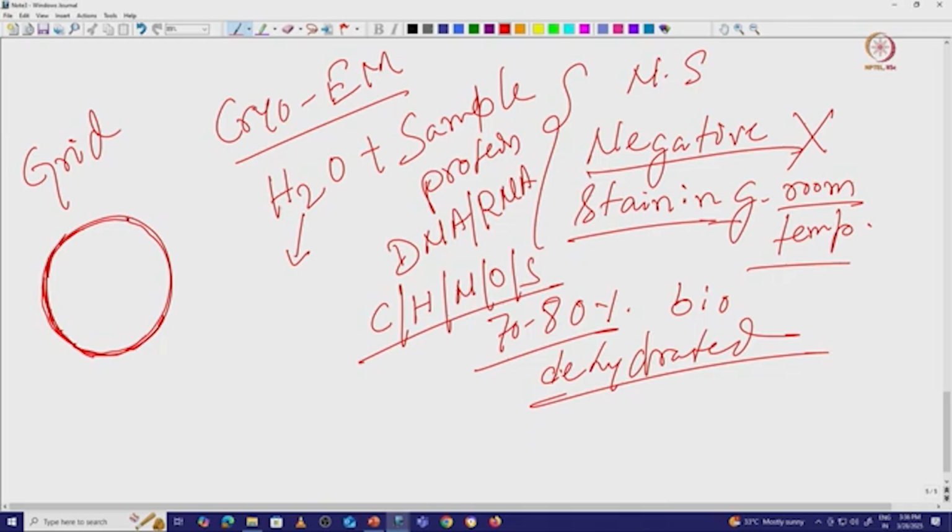When there is a copper, this metal bar, you can tell that this is made by copper, and the overall diameter will be 3.05 millimeter. I'll show you some images of how this grid looks. Now in this grid there will be this kind of metal bar.